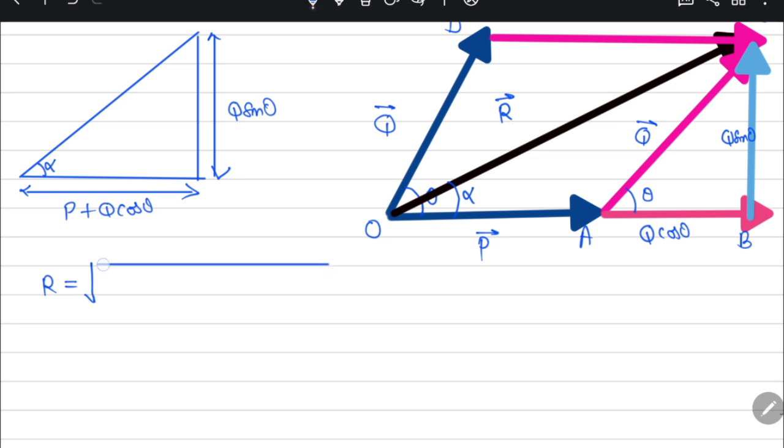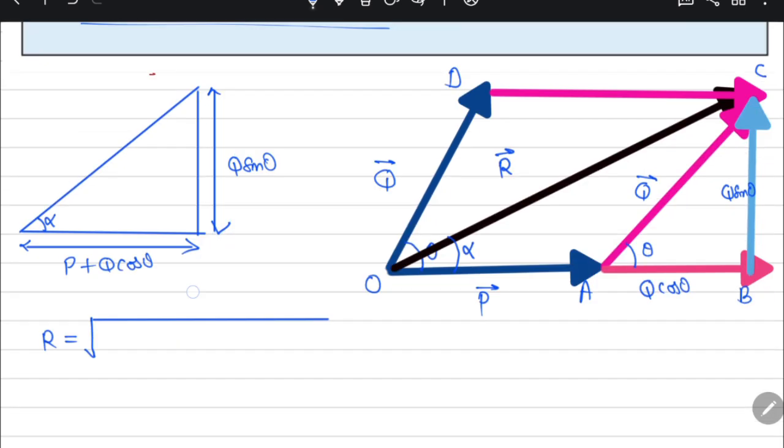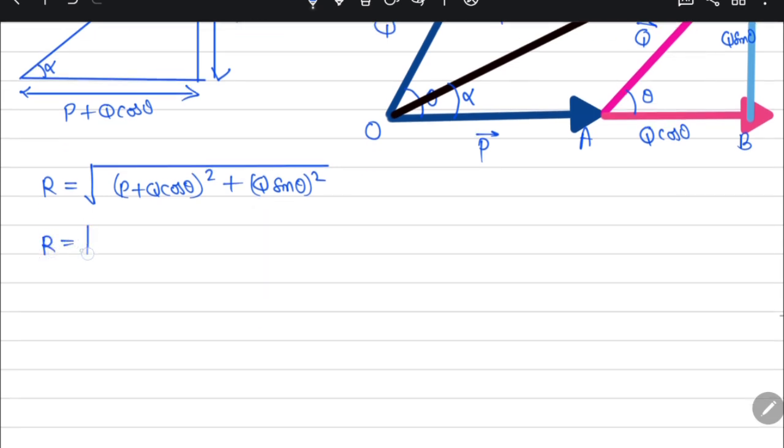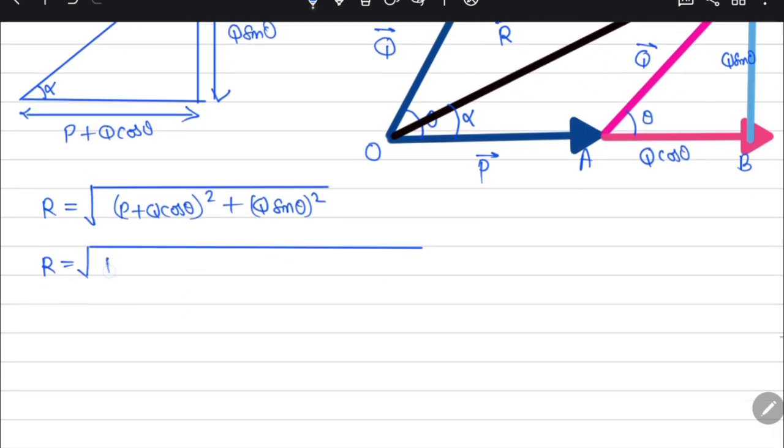Let us solve this so that you get a better idea of it. P plus Q cos theta whole square plus Q sin theta whole square. If I solve this, applying the A plus B whole square identity, this is P square plus Q square cos square theta plus 2PQ cos theta plus Q square sin square theta.